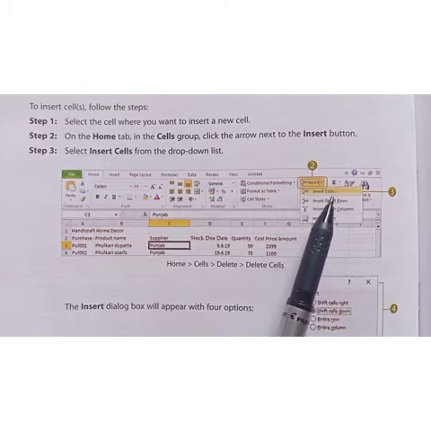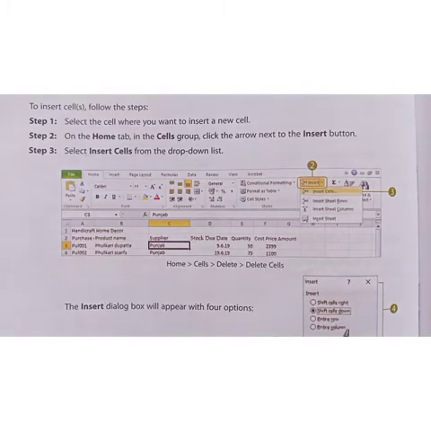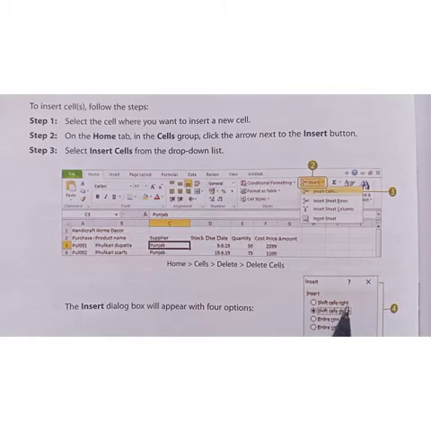As soon as we click on this option, we will be prompted with another dialog box which will have 4 options. The 4 options are: Shift cells right. This means that the existing cells will shift right and fill the selected range with blank cells. Second is Shift cells down.